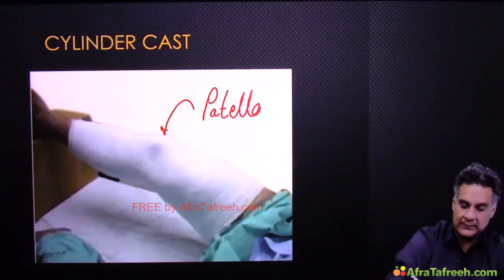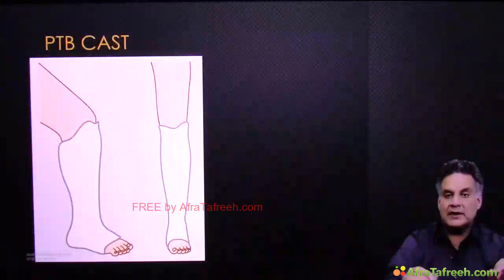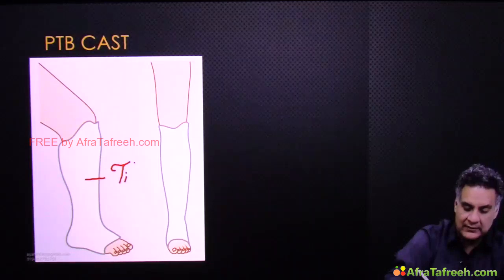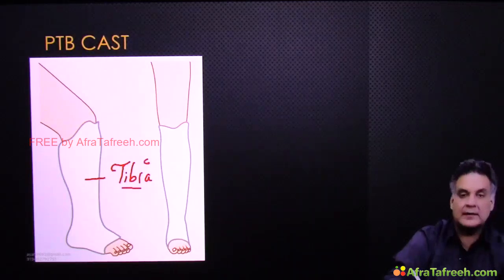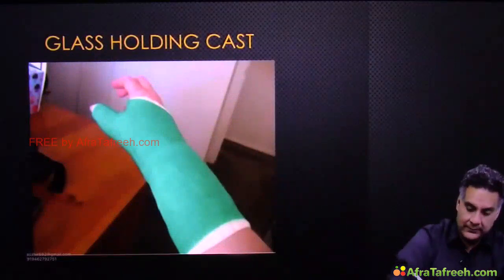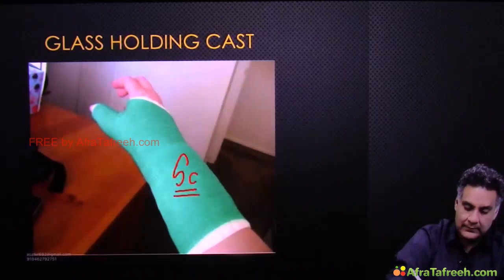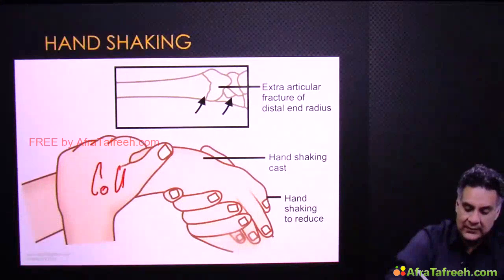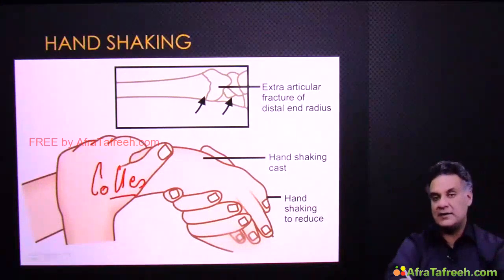Very, very important. Patellar tendon bearing cast, although it has the word patella in it, is for fractures of the tibia. Glass holding cast, scaphoid. Hand shaking cast, Colles. It's an exception to the rule of splintage below the elbow.